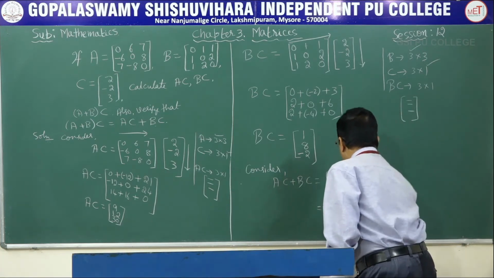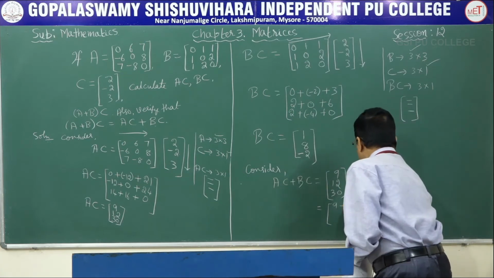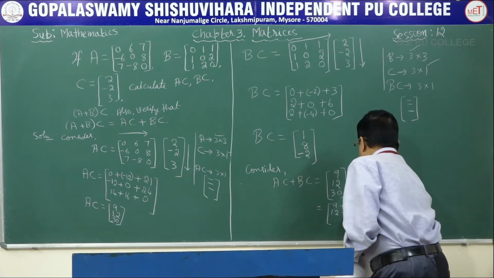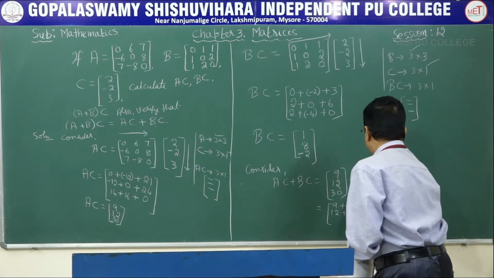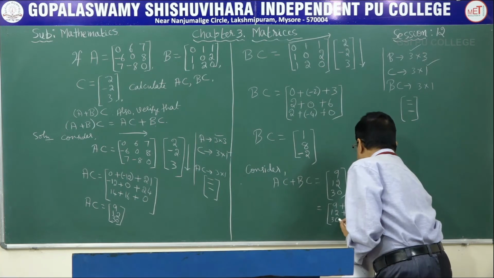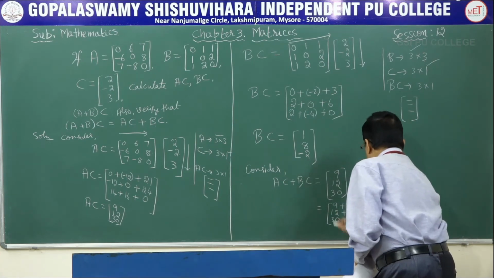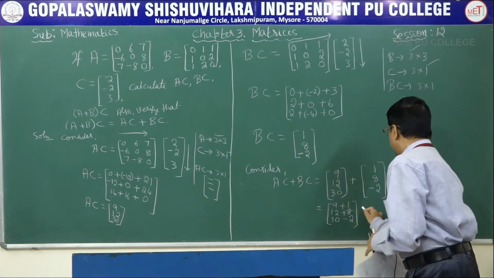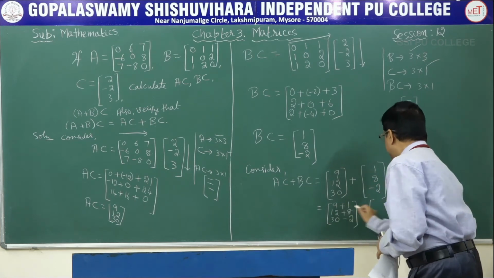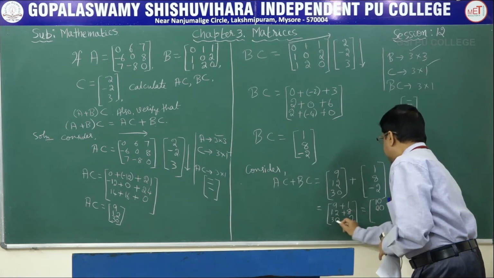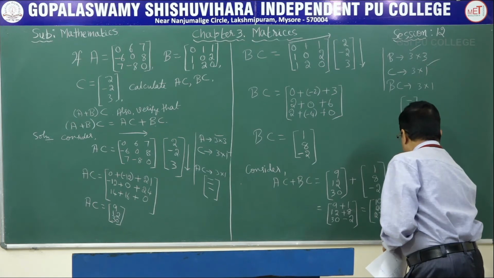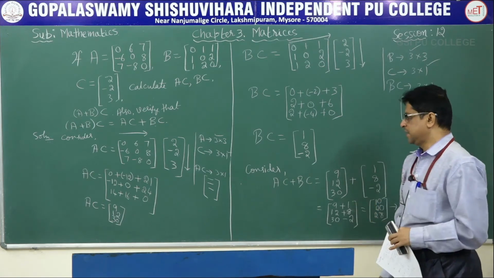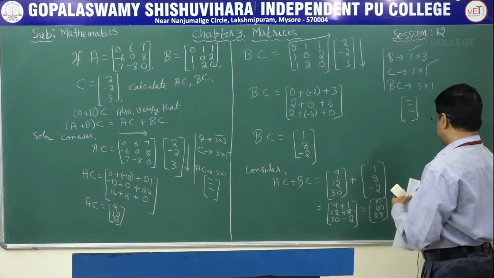That will be equal to 9 plus 1, 12 plus 8, 30 minus 2. So that will be equal to 9 plus 1, 10, 12 plus 8, 20, 30 minus 2 is 28. Let us call this as equation 2.